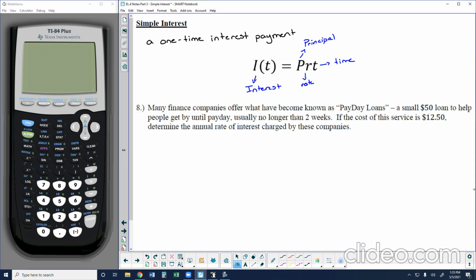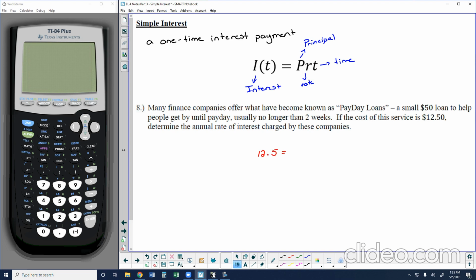So the cost of the service is the interest, because you're going to have this small loan, which is the amount that they give to you and the amount that you return back. And then on top of that, you're going to have this $12.50, which can be known as a one-time payment, which would be counted as your interest. So that's going to go in for I of t on this equation.